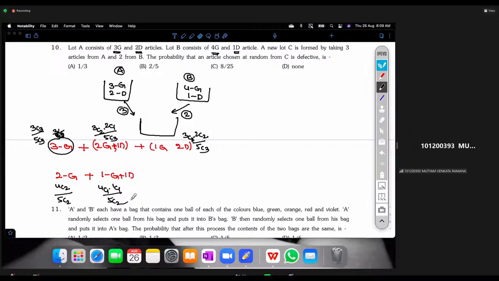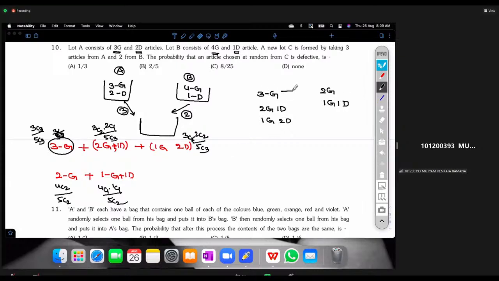Okay. Now look at here. Possibility 1 is 3G, 2G 1D, 1G 2D. And from here, 2G, or 1G 1D.